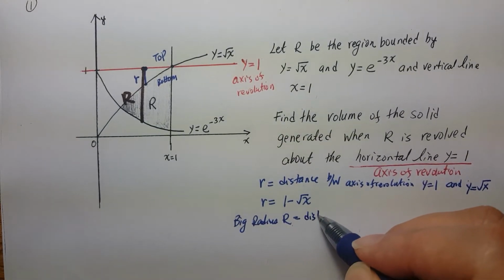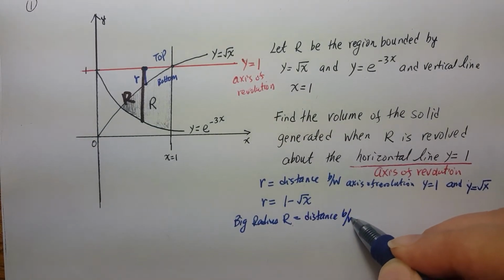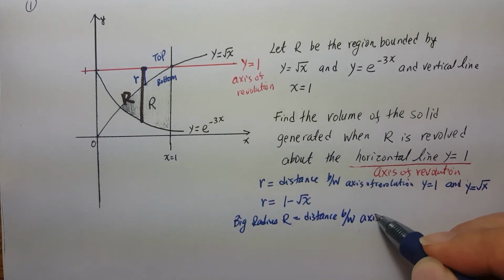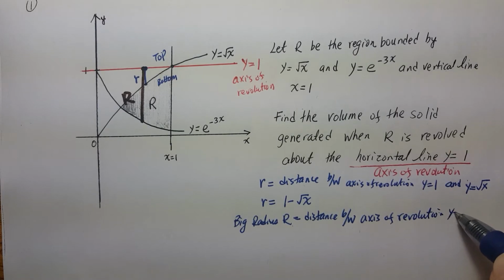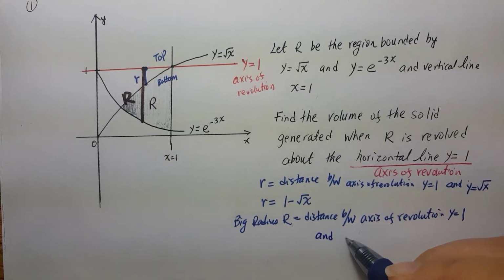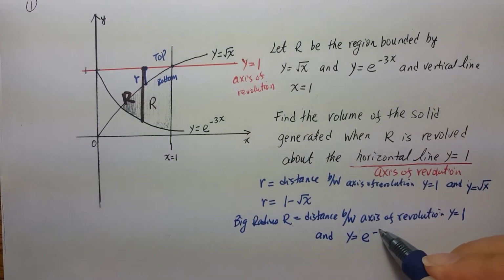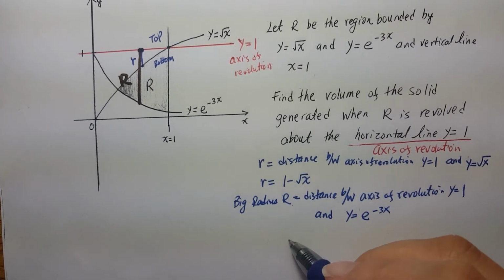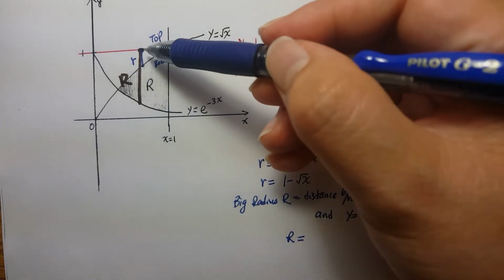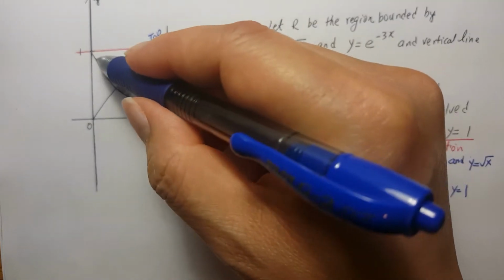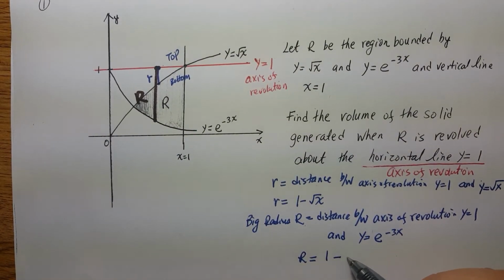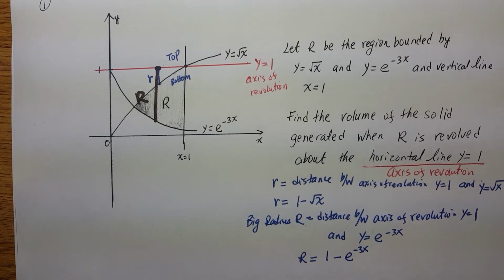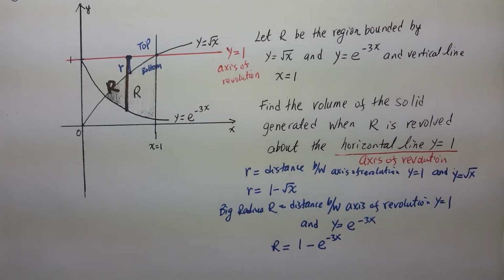It's the distance between the axis of revolution y equals 1 and the outer curve y equals e to the negative 3x. So the big radius equals top minus bottom, this time top, bottom. So you're going to have 1 minus e to the negative 3x. So we found our small radius and the big radius.